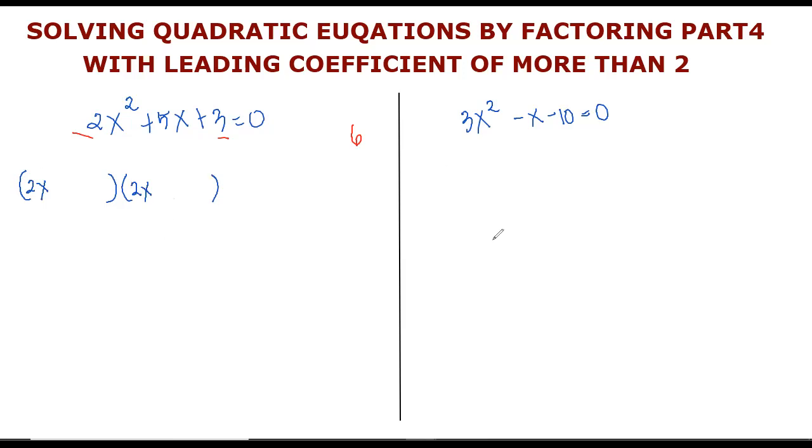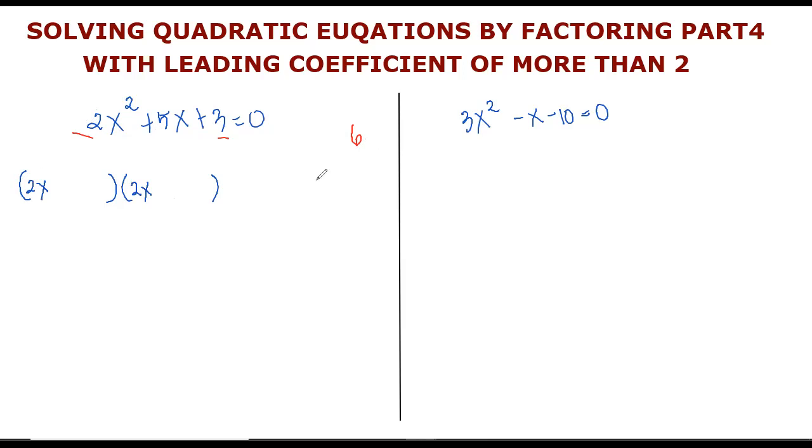Now we need to find the factors of the product of the leading coefficient and the last term of the equation, which is 6. What do you think are the factors of 6 that, when added, will become 5?